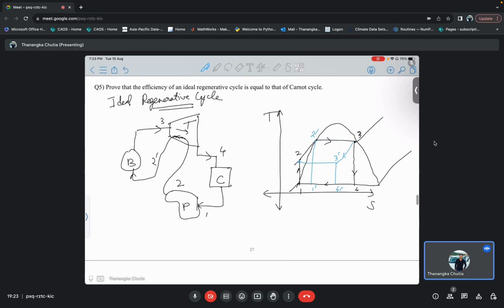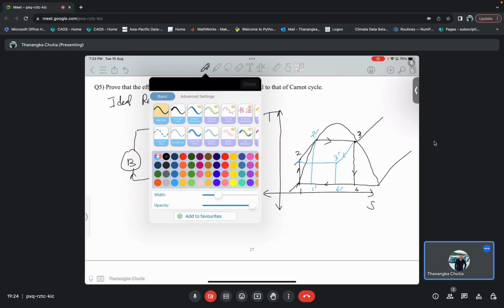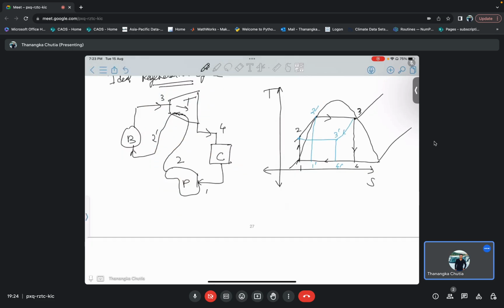The assumption is that the heat gained by the feed water is equal to the heat lost by the steam at the turbine.